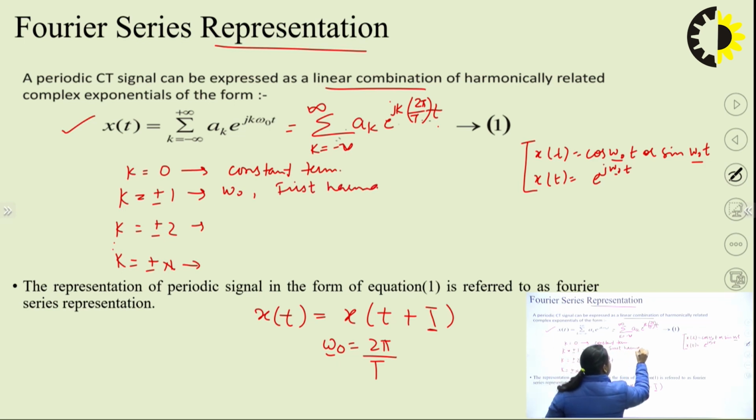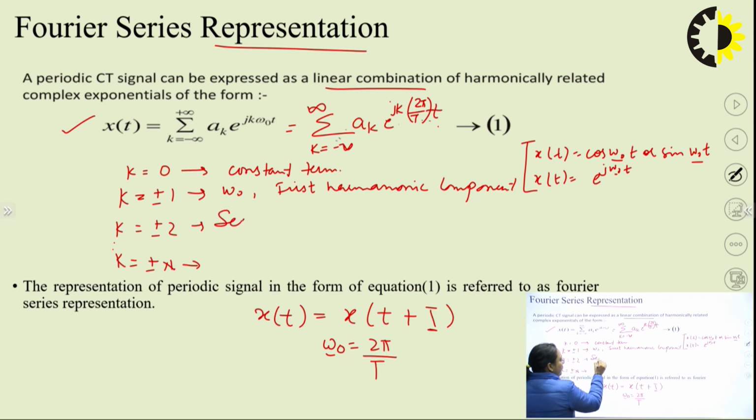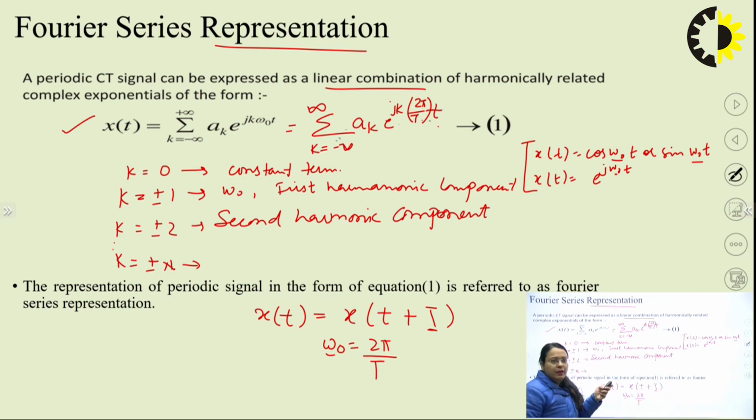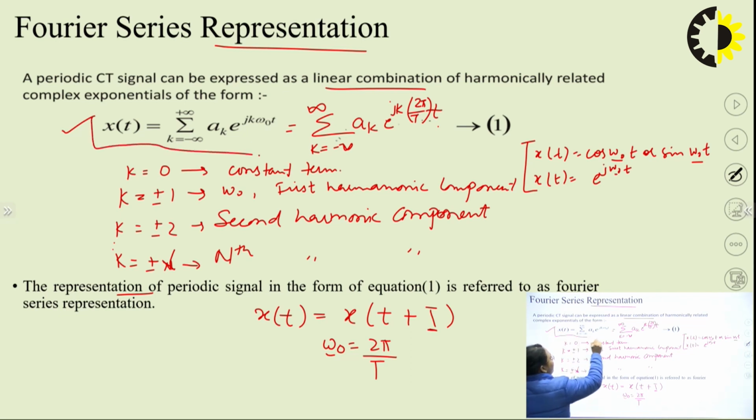Similarly, the terms for k equals plus minus 2 can be referred to as the second harmonic component, and k equals plus minus n can be called the nth harmonic component of the signal. The representation of the periodic signal in this form is known as the Fourier series representation.